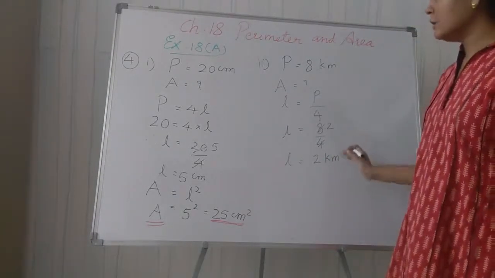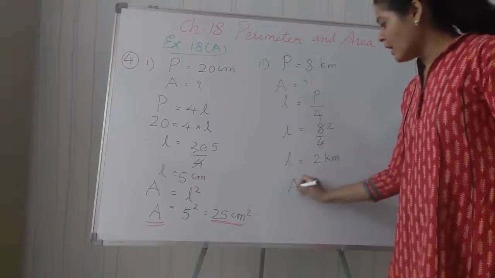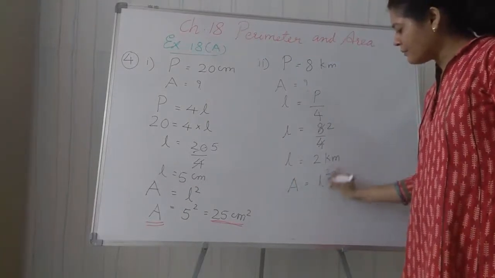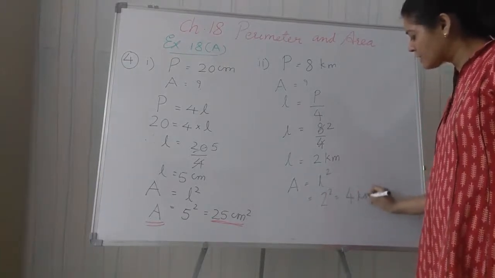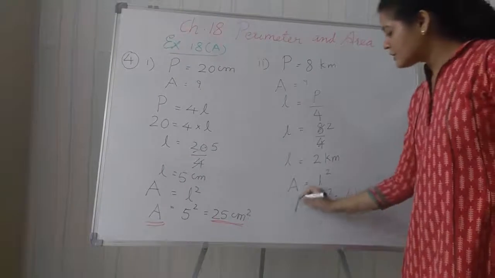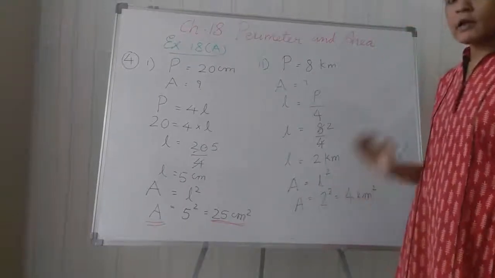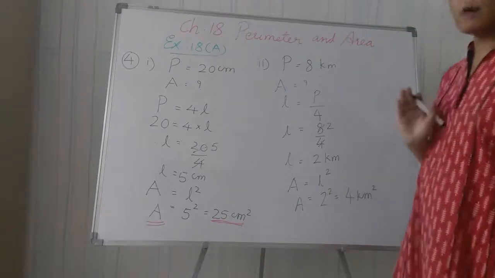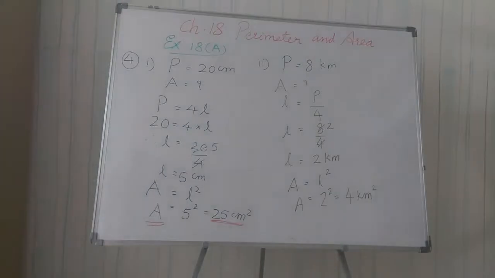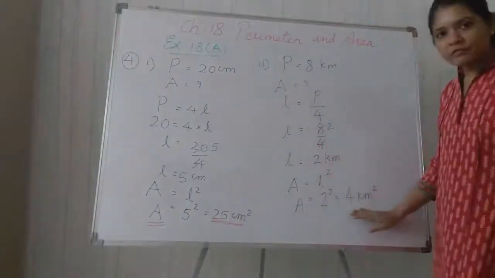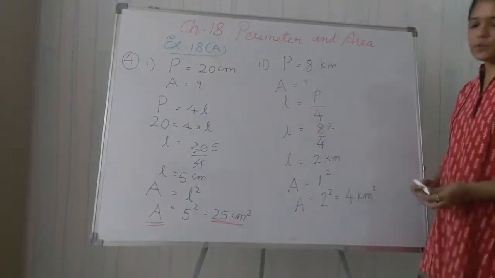Now we find its area. So area is equal to L square, and that is 2 square, which is equal to 4 kilometer square, right? So this is how we get our area. Now we have to think about the relation of kilometer square and hectares, which you all should know. As I explained to you, we have to convert this kilometer square to meter square first.